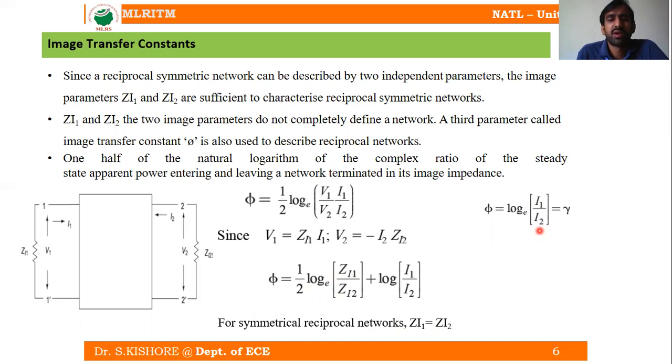This value is known as gamma for a symmetrical network, and this gamma is the propagation constant.